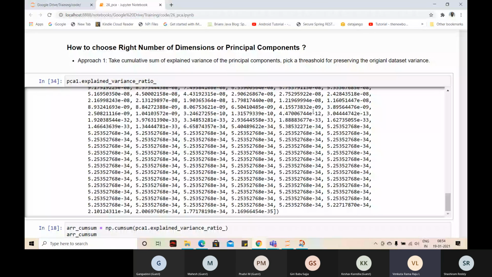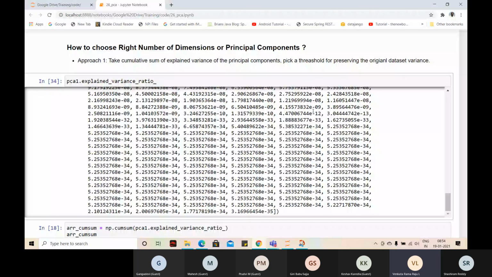Okay. So here I cumulatively summed it. See this here. At one point in time, it'll stay at 1. Beyond this point, the explained variance ratios are all close to 0. Our Python is unable to calculate more, so that's where it rounded it off to 1.